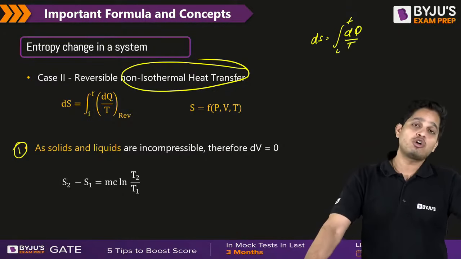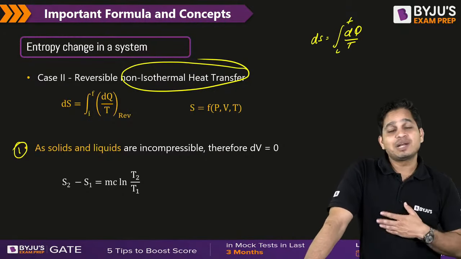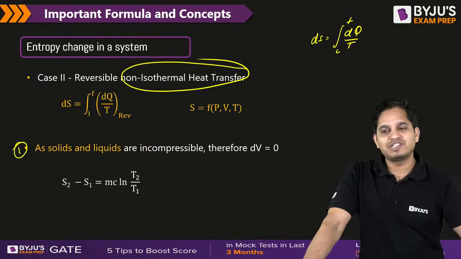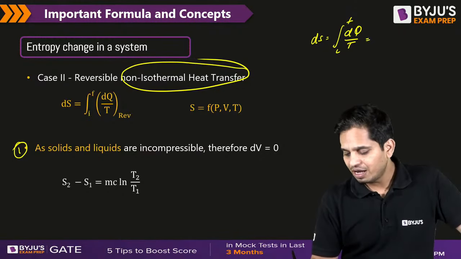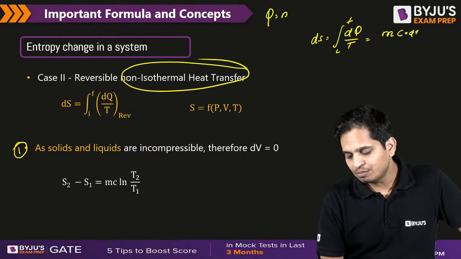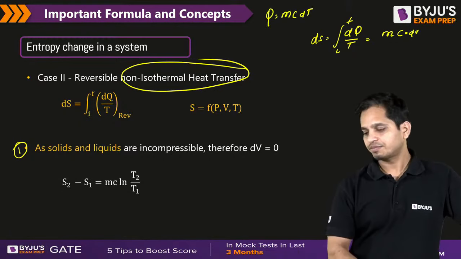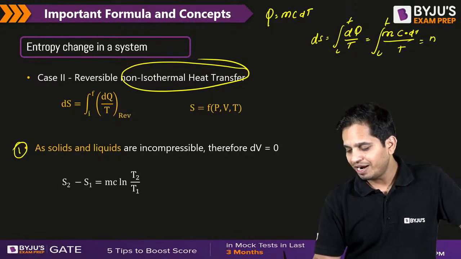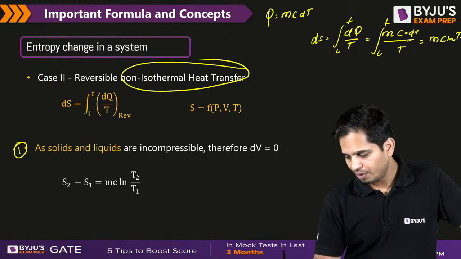Now temperature is not constant. My system is giving me heat and its temperature is changing, so I cannot take temperature out; I will keep temperature inside. Q is mc dt, right? So the integral of mc dt by T, from initial to final, gives mc ln(T2/T1).